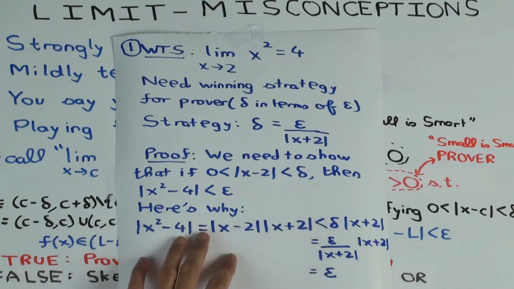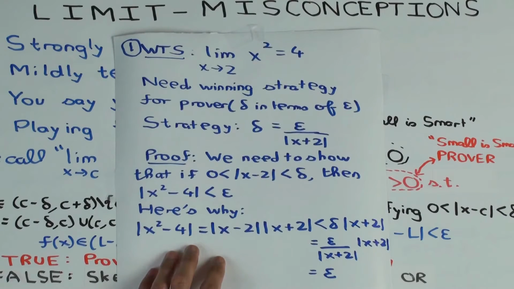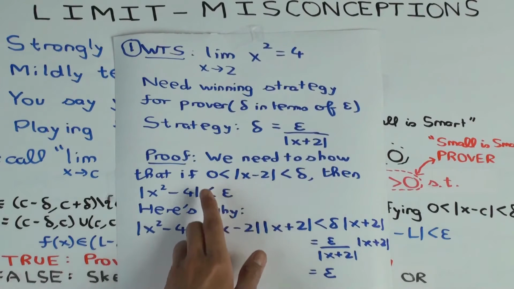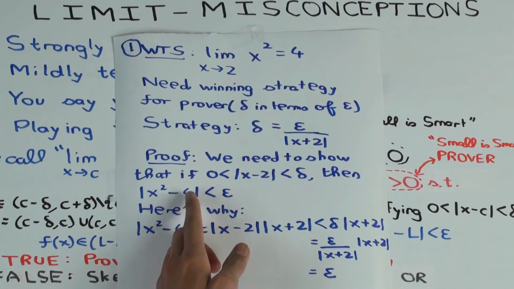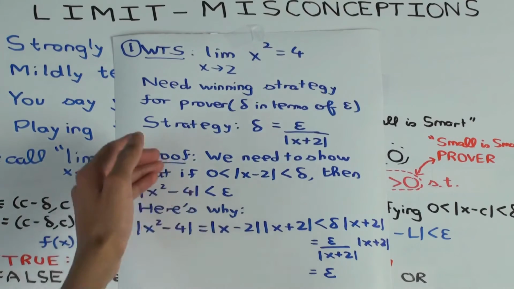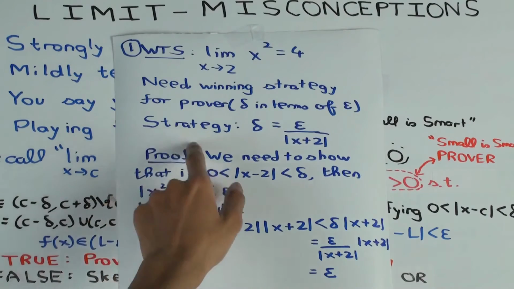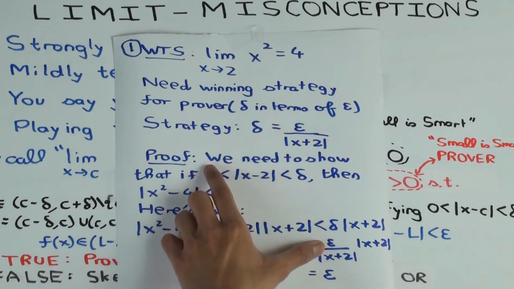There's nothing wrong in the algebra here. So what could be wrong? Our setup seems fine. If the x value is within delta distance of 2, then the function value is within epsilon distance of 4. That's exactly what we want to prove, right? So there's nothing wrong from this point onward. The error happened somewhere earlier.